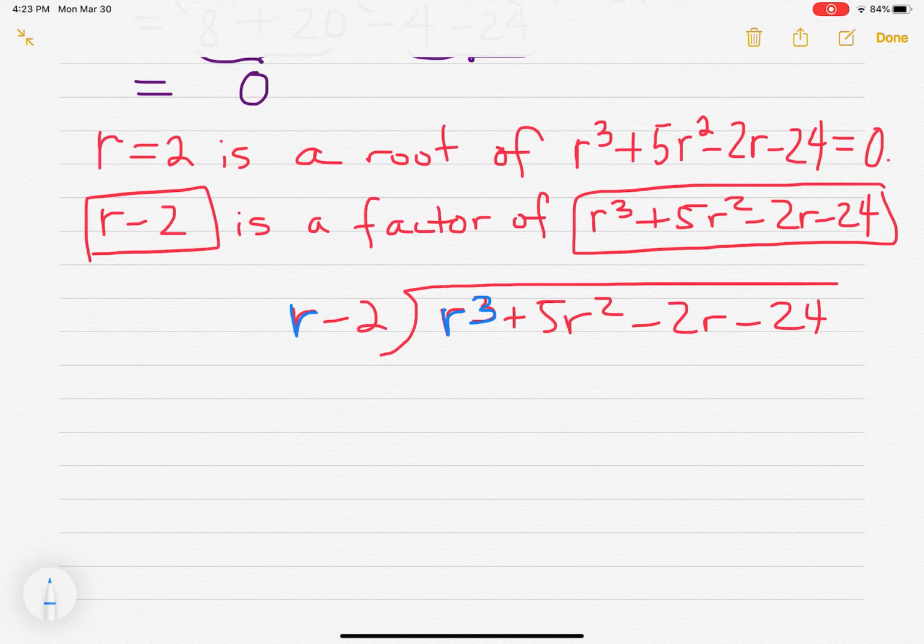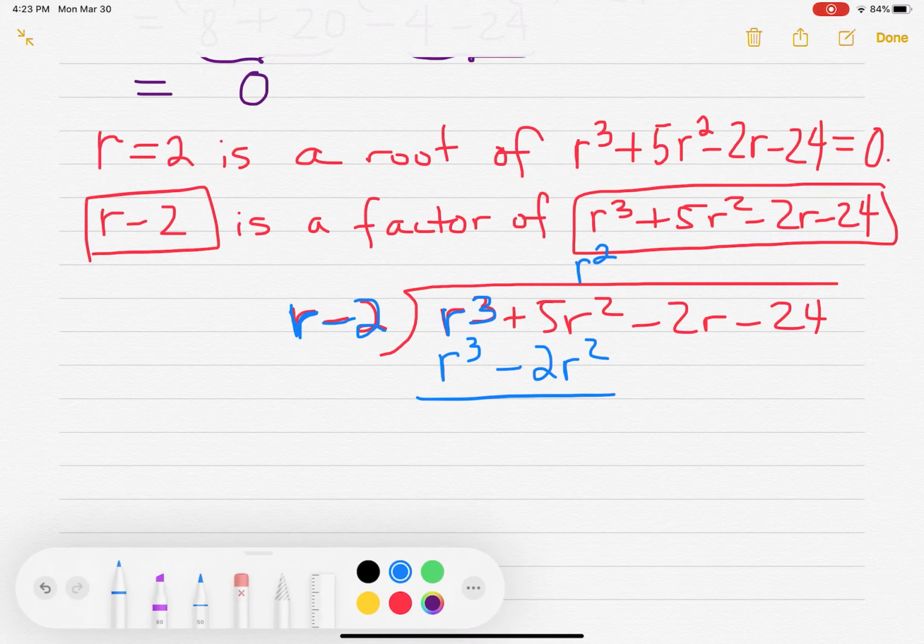I have to multiply this blue r by r squared to get r cubed. So I'm going to write an r squared here in the square column. I'm going to call this the square column, or the square zone. So now let's do that. r squared times r is going to be r cubed. And then r squared times this -2 right here is going to give me -2r squared.